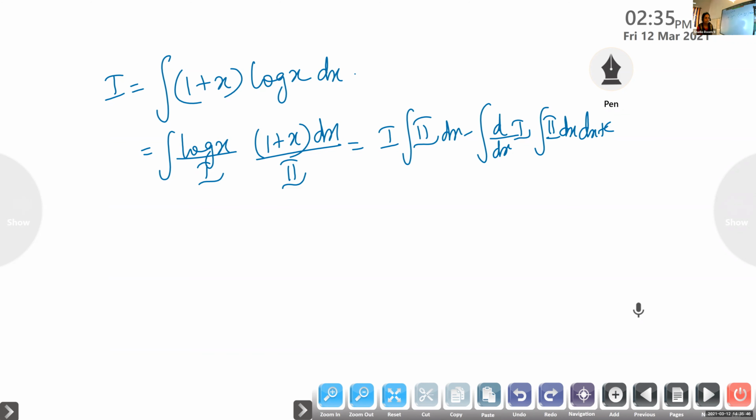Is it okay? Now apply that, first function and second function, substitute in their places and check what answer you are getting. Okay, 2 minutes I'll give. Try to solve it and give the answer.